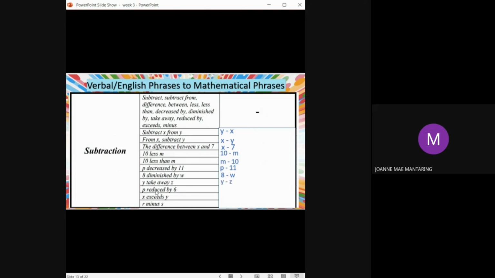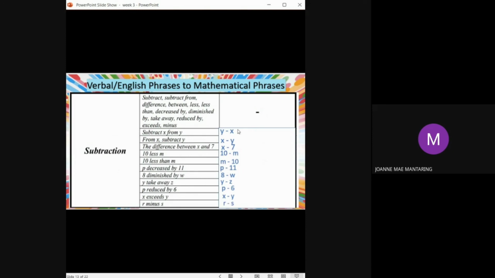Another one, p reduced by 6. It will be p minus 6. And another example, x exceeds y. The answer is x minus y. And the last one is r minus s, which is equivalent to r minus s.